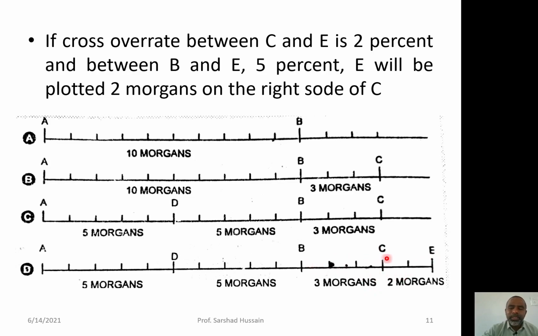So, it means it is present on the left side, that is why it is 1, 2, 3, 4 and 5 from B and 2 from C. If E were placed over there, then it would be an error, because between B and E it would be only 2%, whereas in actual observation it is 5%.